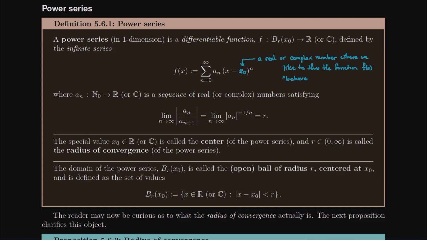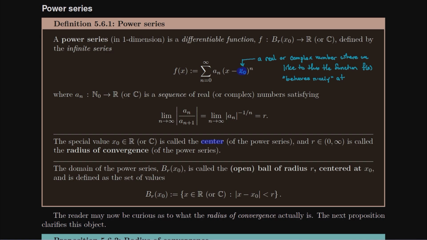It's kind of a special point. So this is some special real or complex number that we have reason to believe our function behaves well at. That's going to be determined for us, or maybe we'll determine it for ourselves, but using some good intuition. And that number is just called the center of the power series. We'll see why it's called the center a little bit later. But it's just some value that's predetermined for us.